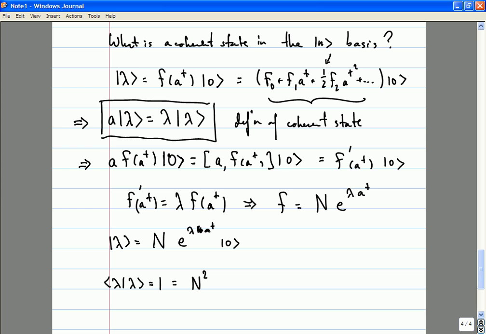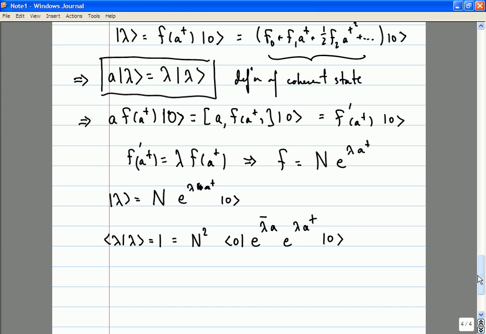And then this is the expectation value of e to the lambda bar a times e to the lambda a dagger in the ground state. Remembering that lambda is complex, so I need to complex conjugate it when I write down the bra dual to the ket lambda.